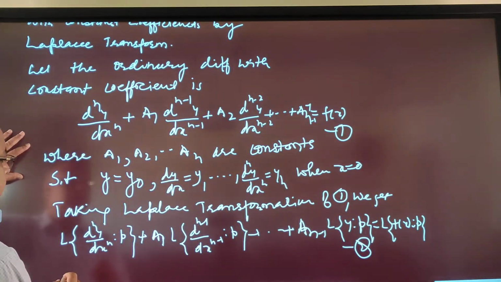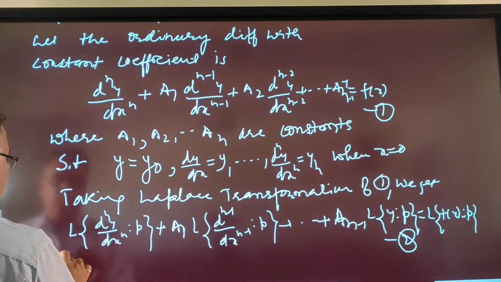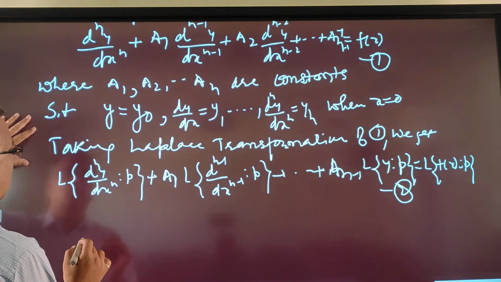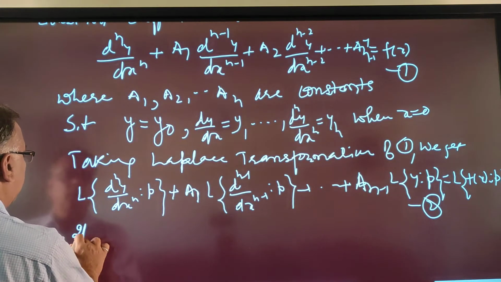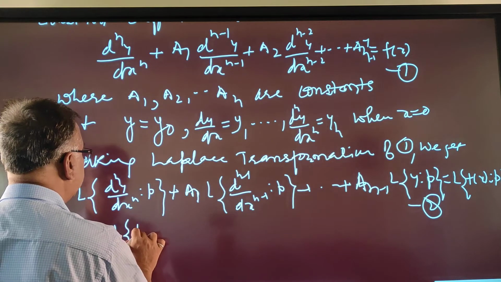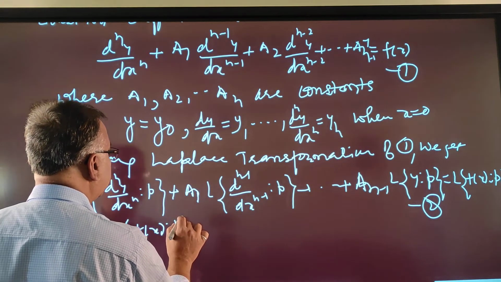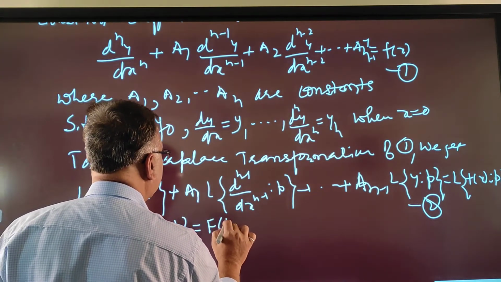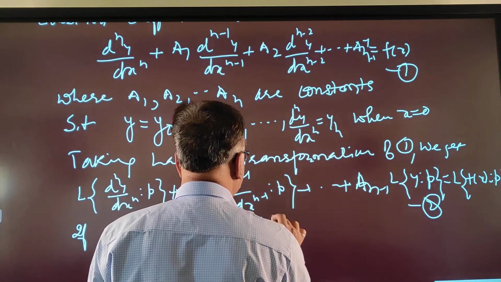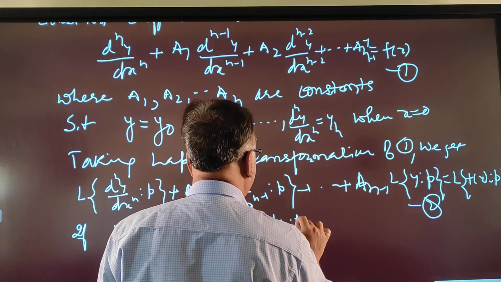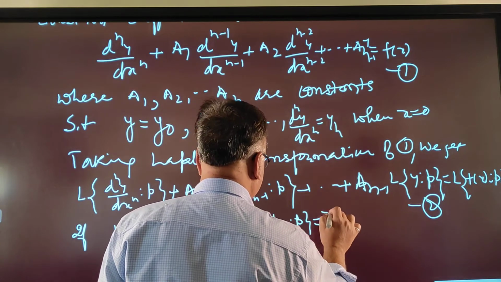Now if we take the Laplace transformation of f(x), as we know, this is equal to f(p), and the Laplace transformation of y with respect to p is equal to y bar.